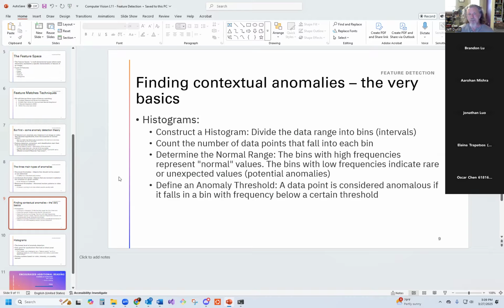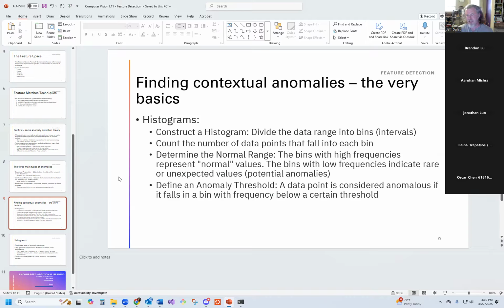Okay. And then what you do is you look at bins with very few members, so bins with very low frequencies. If something is only showing up a few times when you build your histogram of the image, it follows that it is not happening in the same way all the other stuff is.